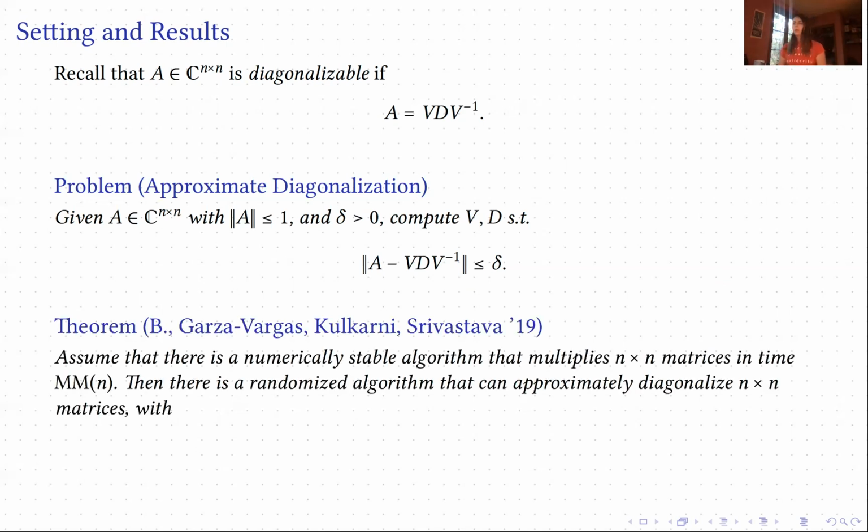So it goes like this. Assume that there is a numerically stable algorithm for multiplying n by n matrices that runs in time mm of n. So you could take this to be the naive n-cubed algorithm or something more elaborate like Strassen, whatever you like.